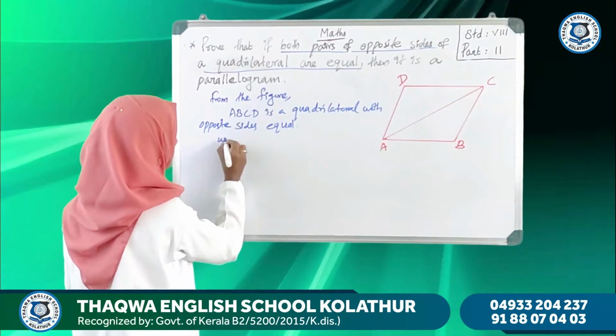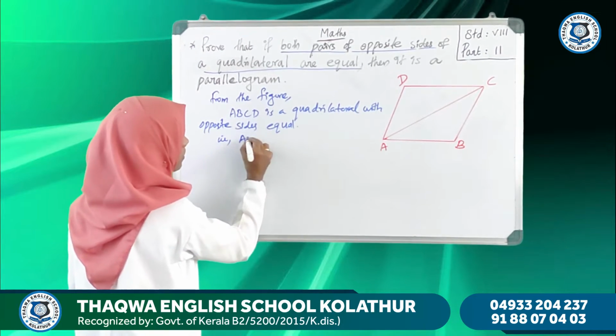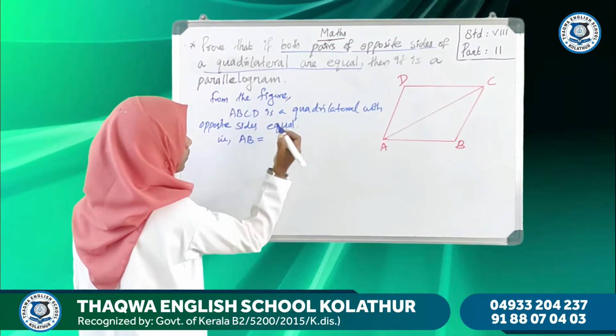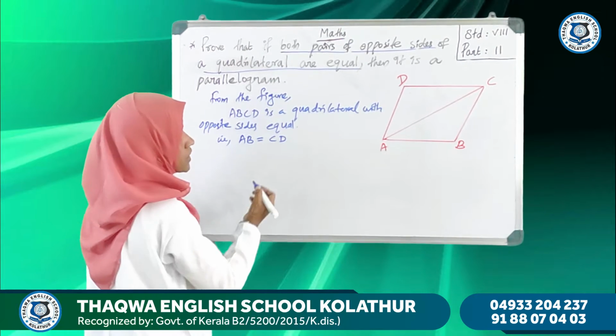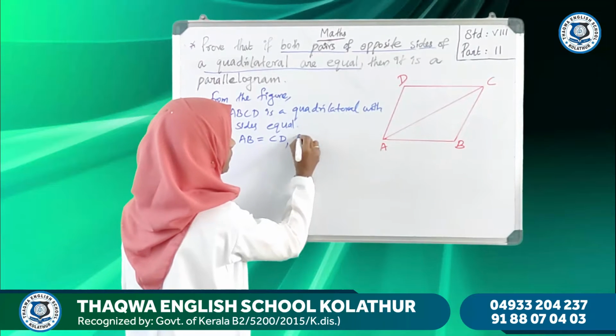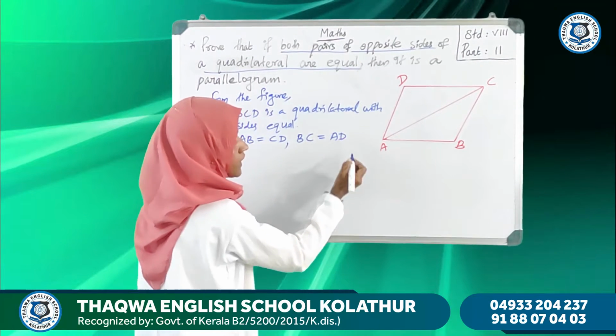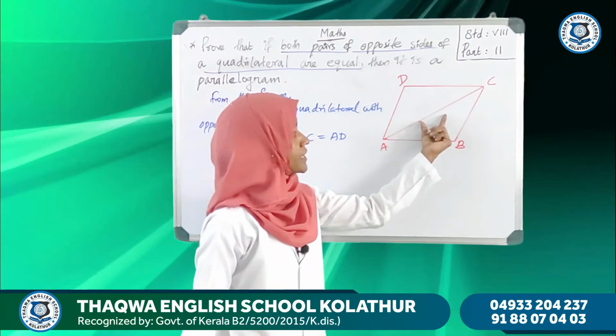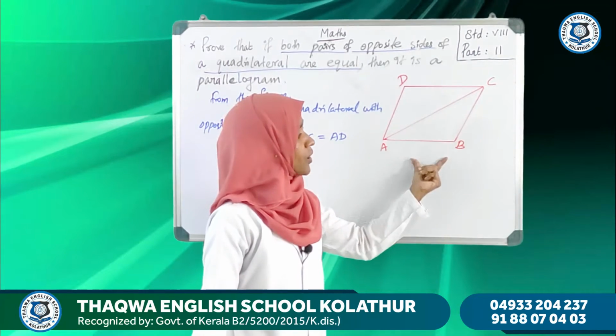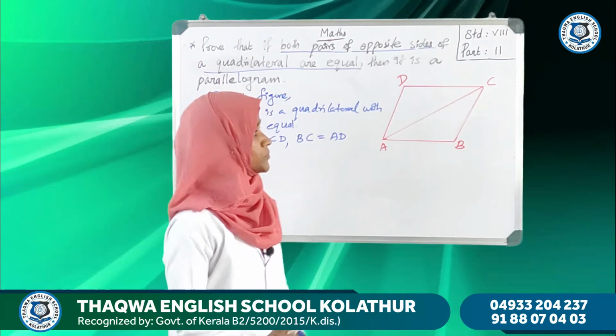That is, we can write AB equals CD, BC equals AD. Then AC is the diagonal of this quadrilateral ABCD.